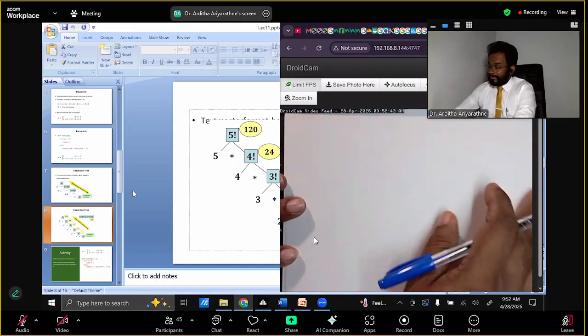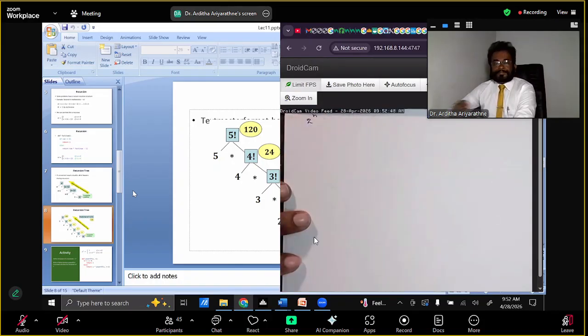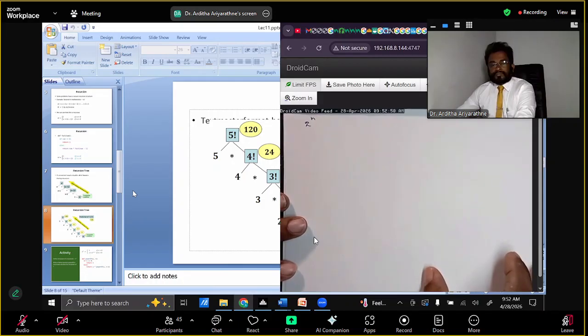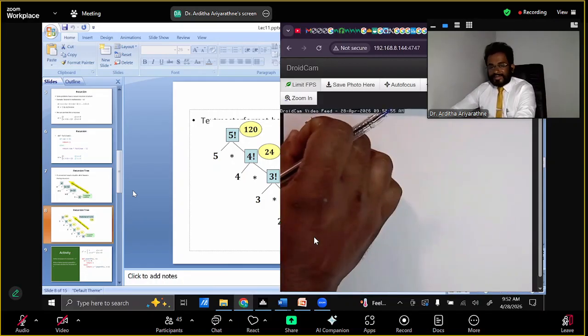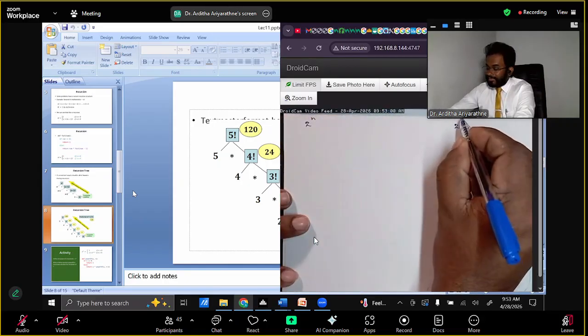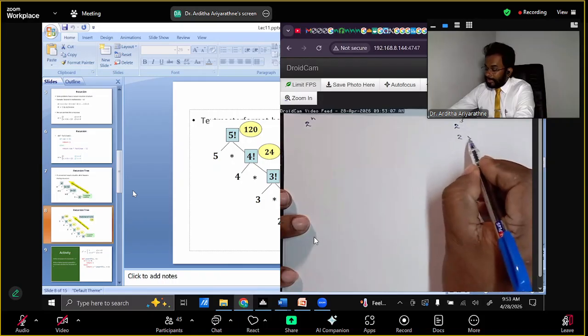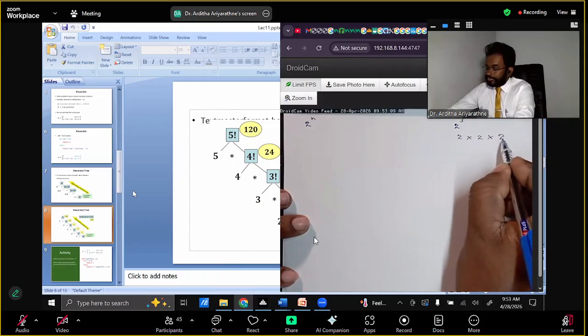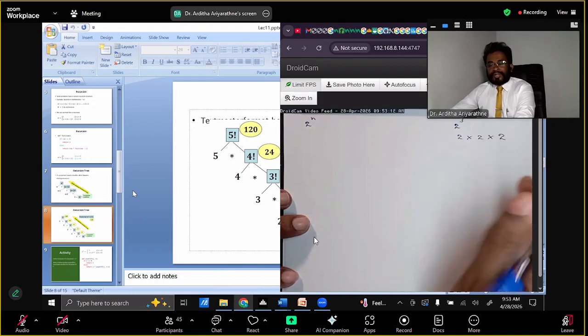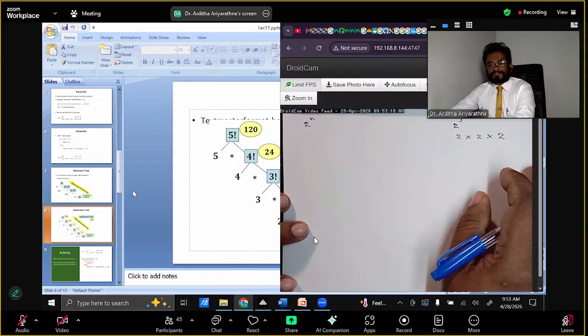Nth power, 2 to the power n. What is 2 to the power n? To understand this, we'll take some small example. 2 to the power 3 means actually what? 2 multiplied by 2 multiplied by 2. We are multiplying 2 three times. This is 2 to the power 3.